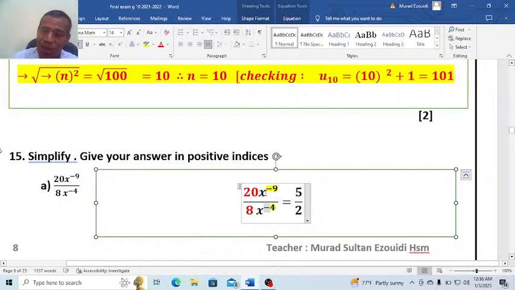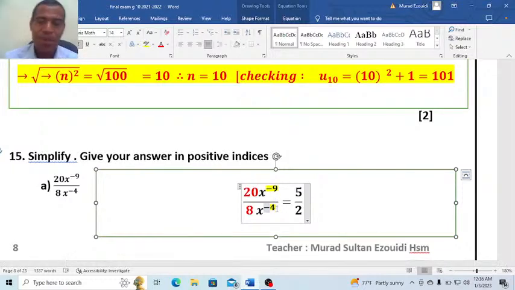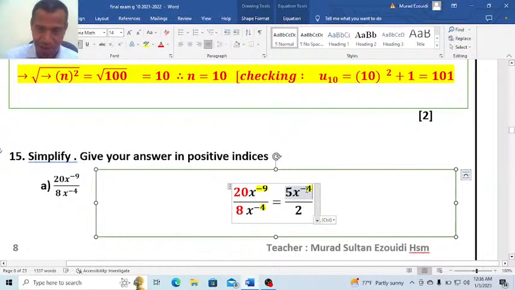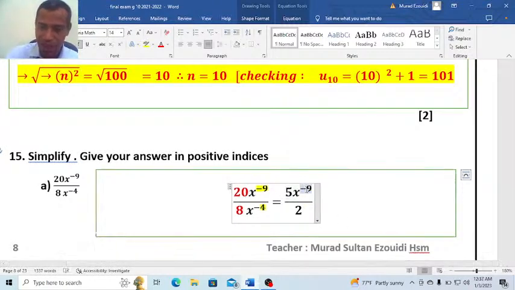But from the beginning, when negative 9 comes down it becomes positive 9, so your answer is in positive indices. Both methods lead to the same answer. I will first use the first one: 5 multiplied by x to the power negative 9.